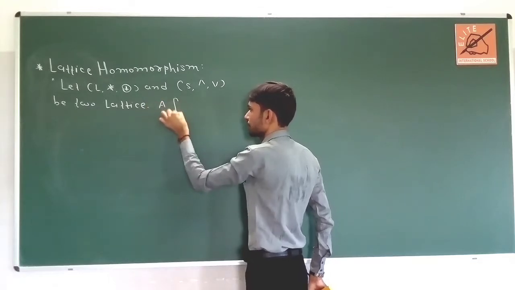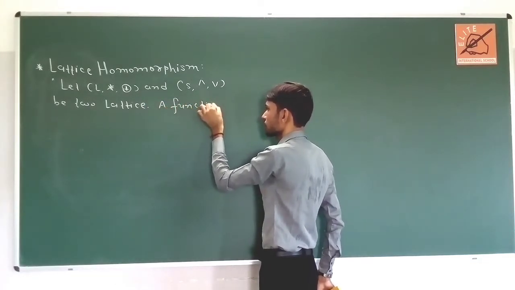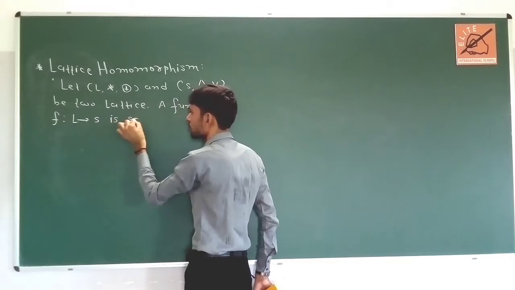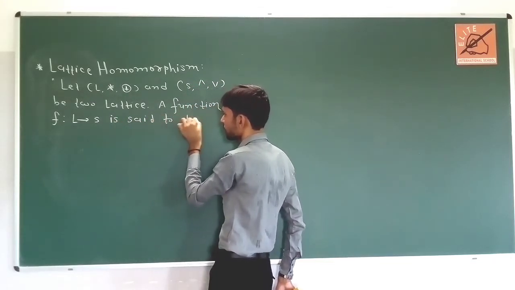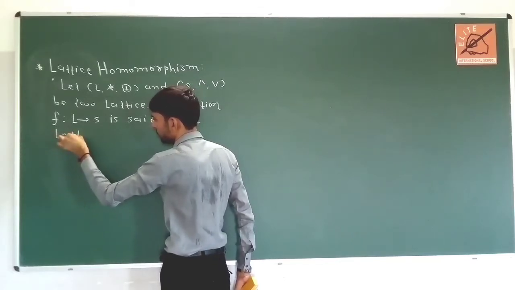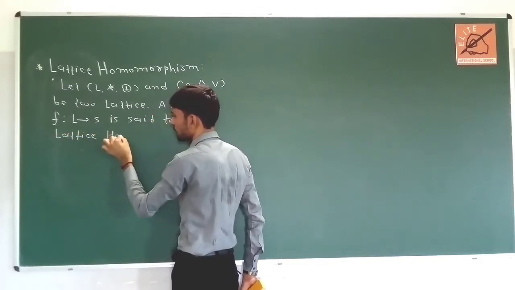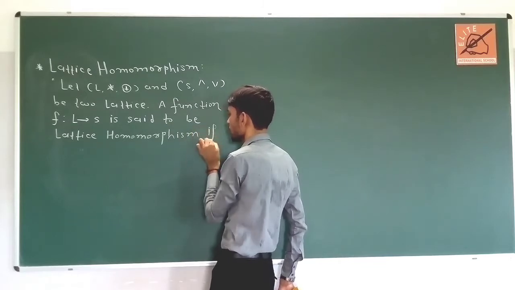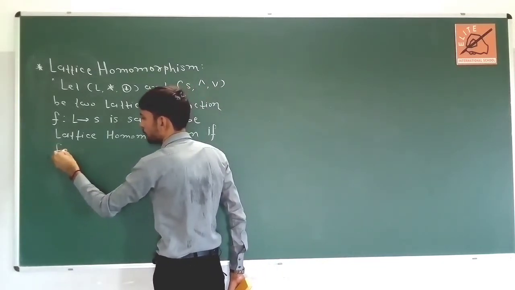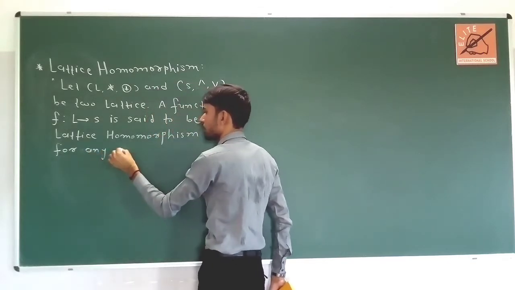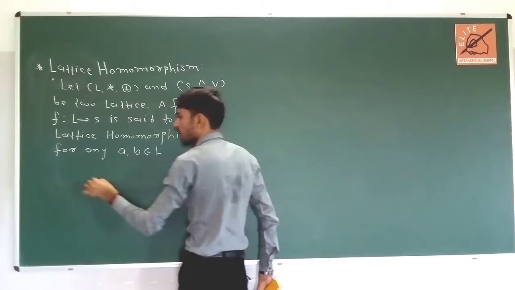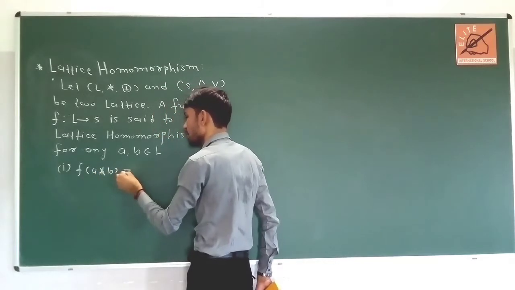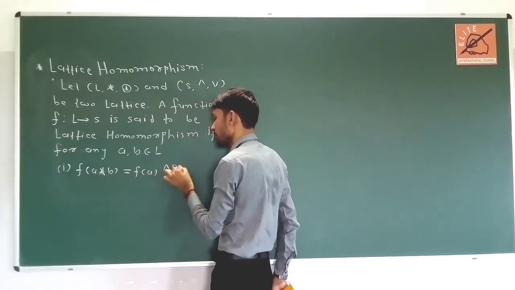A function f from L to S is said to be lattice homomorphism if for any a, b belonging to L, first condition is f of a star b is equal to f of a meet f of b.